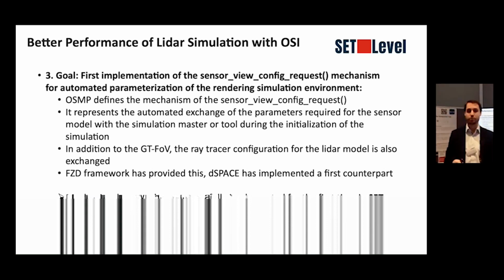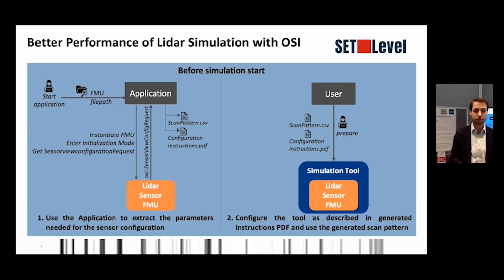And the counterpart was provided by dSPACE in a first test version, to basically receive the sensor view request and put it into motion. So there's an instantiation step where the FMU is instantiated and tells the application what to do, what sensor pattern to use. And so for the user, this is then done automatically.